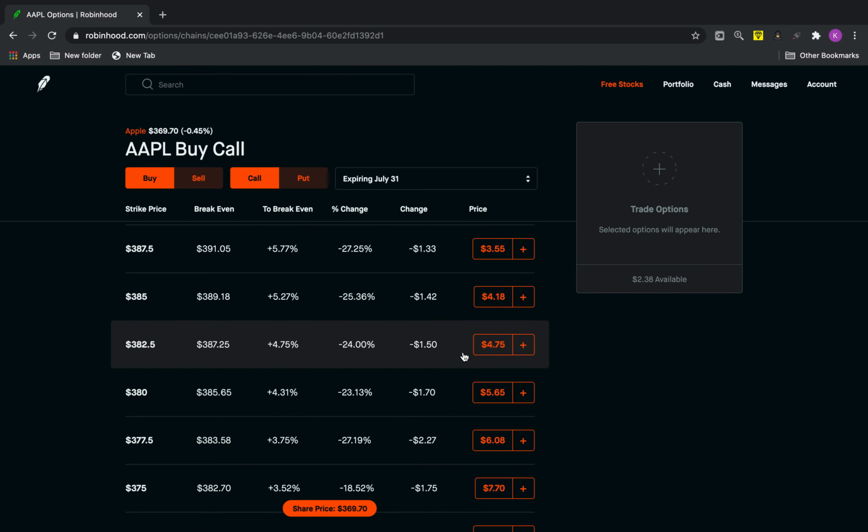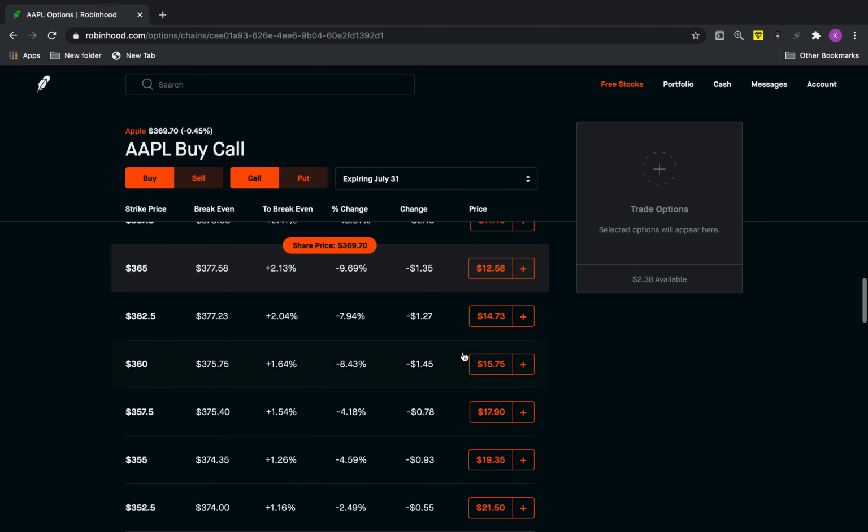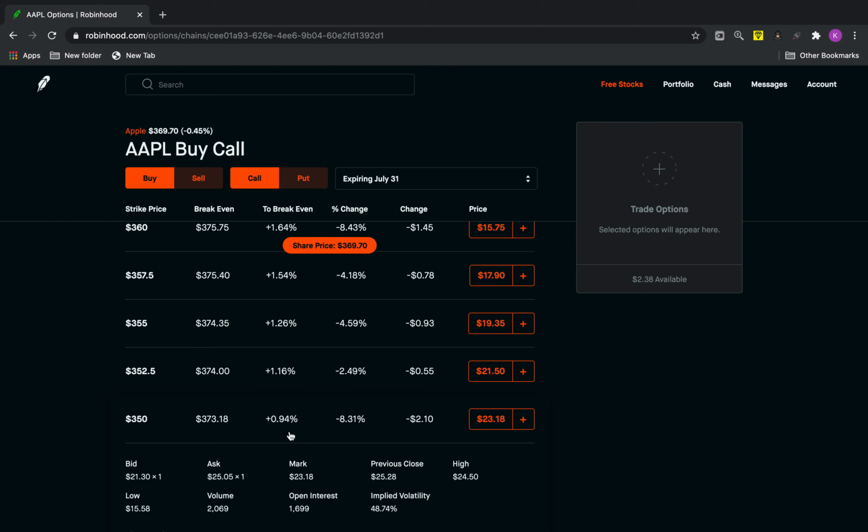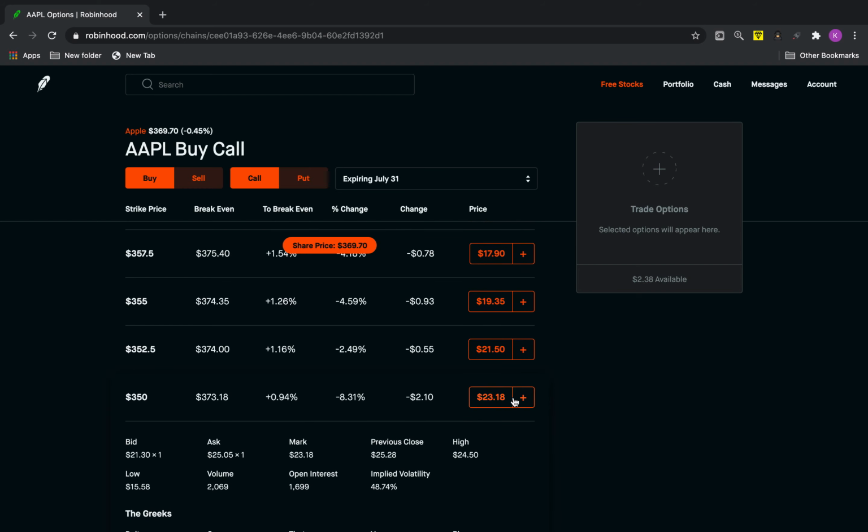So if your option expires with everything staying the same, with the share price being $369.70, you'll lose all the money you put into it. Whereas if you were to buy this $350 call and the share price was to stay $369.70, then you would still have $19.70 left in this call option where you can sell it for.